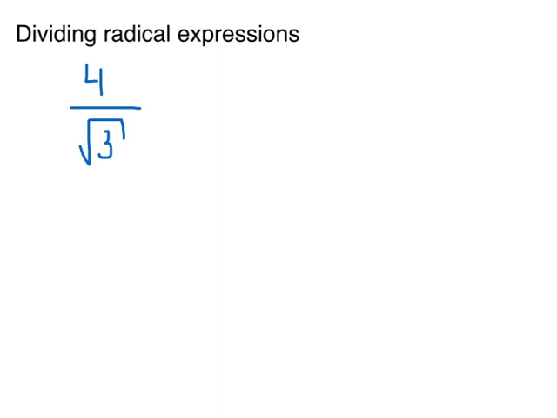What we want to do is rationalize the denominator, meaning we want to get the square root out of the denominator. So I'm going to look at the bottom here, and I need to multiply 3 by another 3 to get a perfect square root. So I'm going to multiply the top and bottom by the square root of 3.